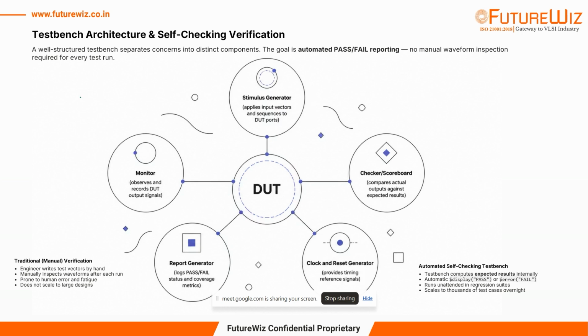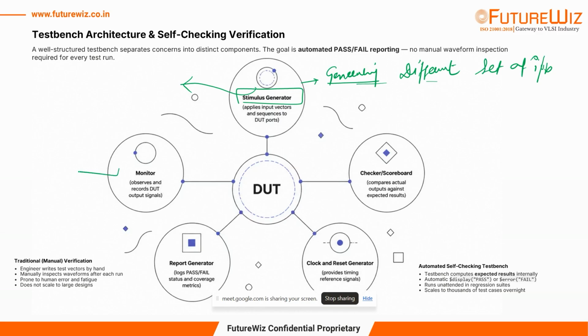Now, if we are making the test bench architecture, or the self-checking test bench, we have to work on some modules. The first one is the stimulus generator, which simply generates different sets of inputs, and those are driven to the DUT. Once it is driven to the DUT, the monitor observes the output signals, capturing the inputs and the outputs with respect to these inputs, right?